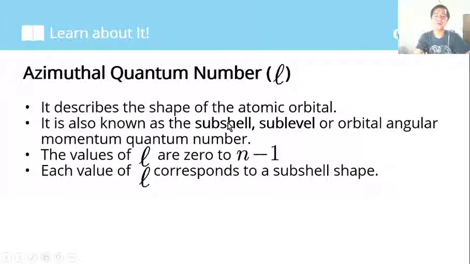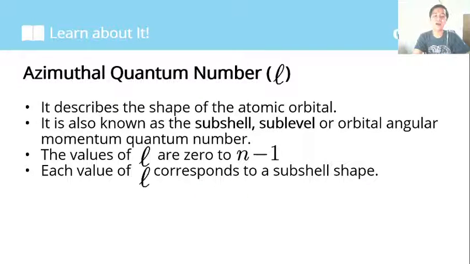If the principal quantum number is called the main energy level, the azimuthal quantum number is called the sub-level. Or, the principal quantum number is called the shell, so the azimuthal quantum number is also known as the sub-shell. Do not be confused with that.